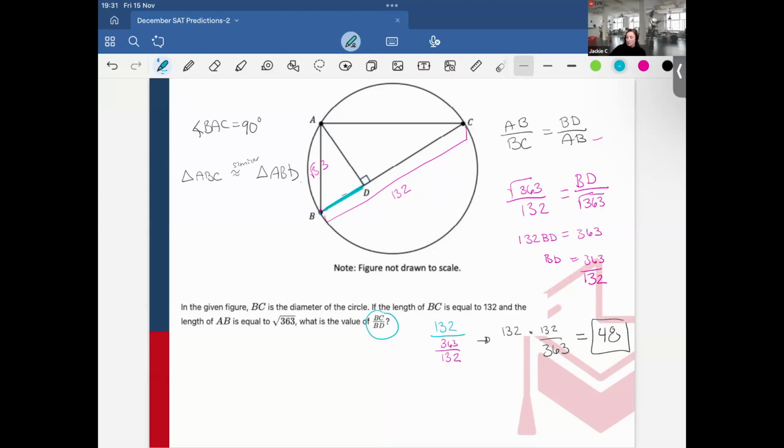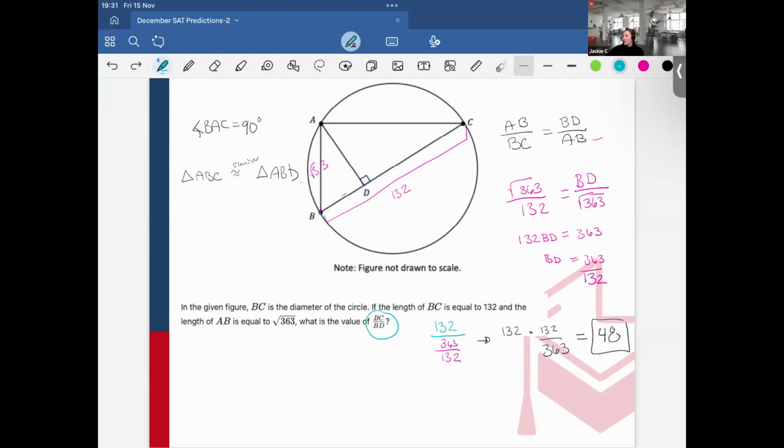Okay, so that's what I put here. I just wanted to re-clarify that for similarity. And that's why we can set the proportion that I did. Hopefully that's clear. And remember the point that I also made at the beginning about knowing how to get the right angles. Okay, amazing.